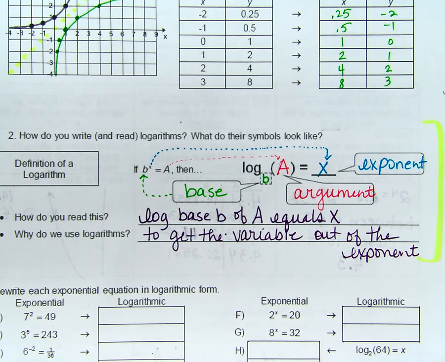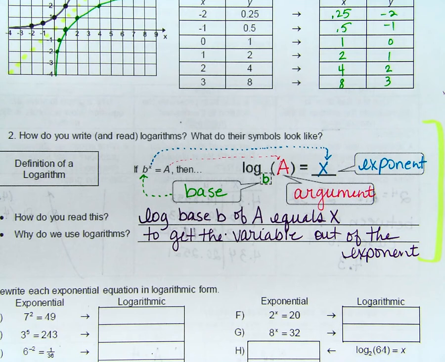That was our problem with the first problem we worked on today, right? The 2 to the x equals 20. I couldn't solve it because my variable was in the exponent. Now we know a way to get the variables out of the exponent.